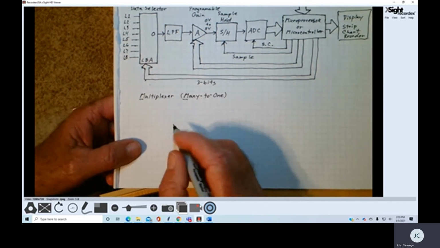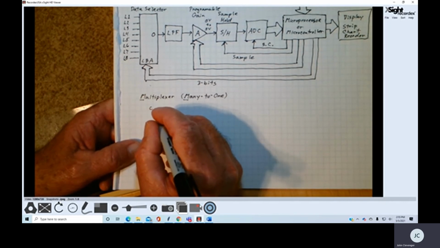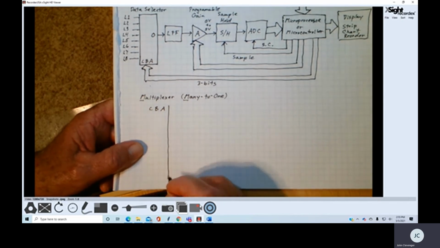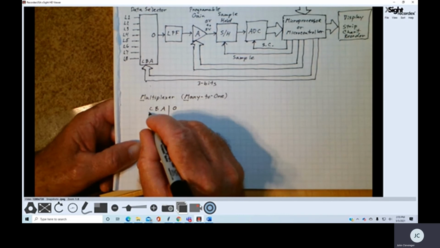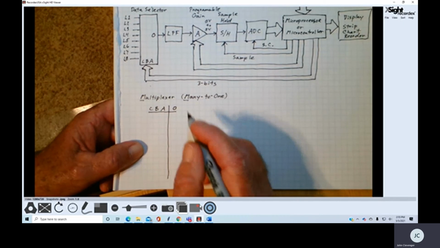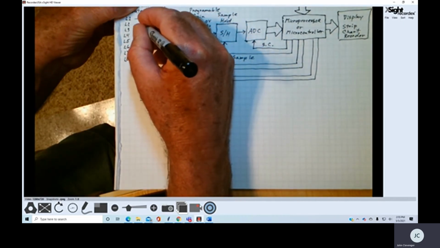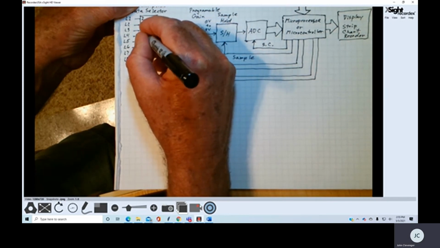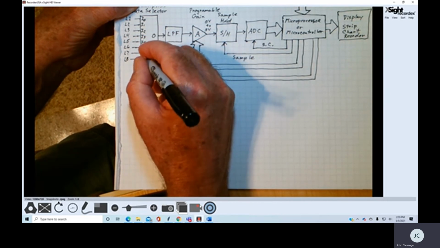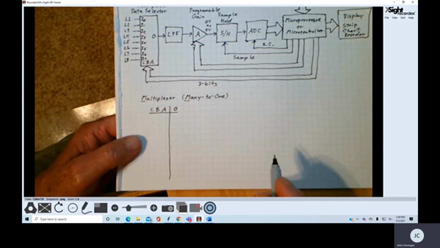The way this multiplexer works is that we have our 3-bit input, C, B, A, and an output, O. C is the most significant bit, A is the least significant bit. We've got 8 inputs, and these 8 inputs are going to be labeled I0, I1, I2, I3, I4, I5, I6, and I7.